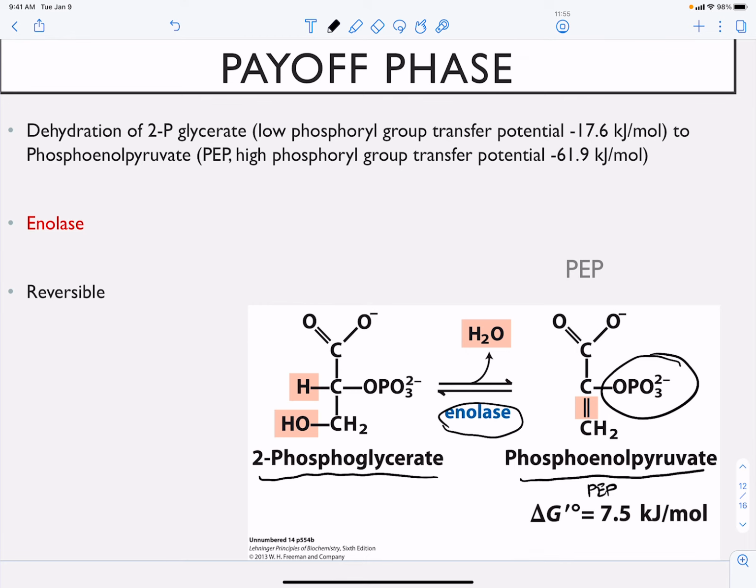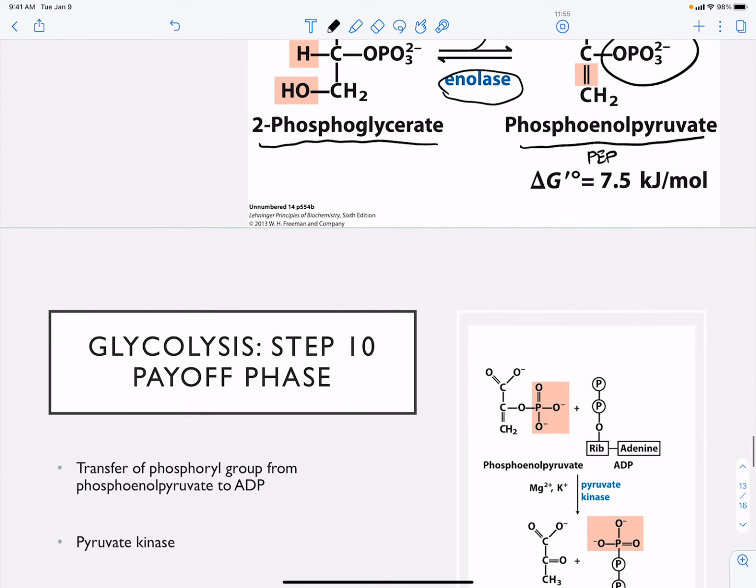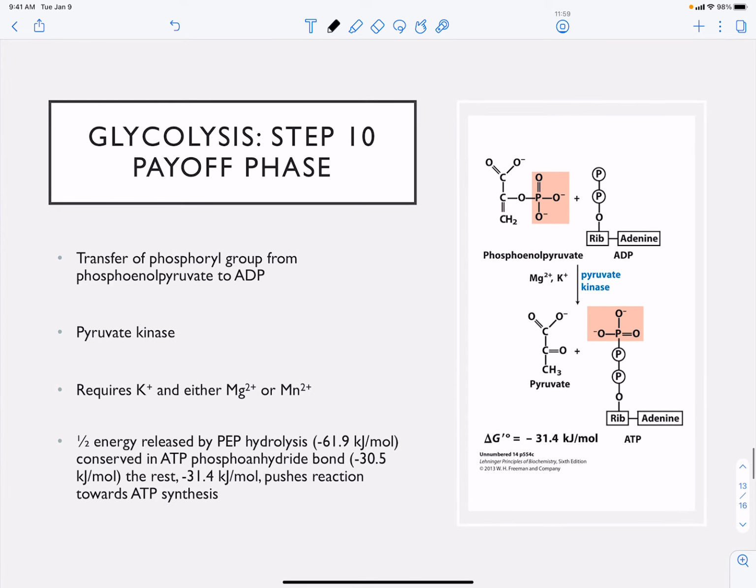It's still hanging in there. And then we go to pyruvate kinase, which is where we're going to generate our next ATP. So in this case, we have our phosphoenolpyruvate, and then this through pyruvate kinase with magnesium and potassium are going to generate our 3-carbon pyruvate and another ATP molecule. And this is highly favorable.